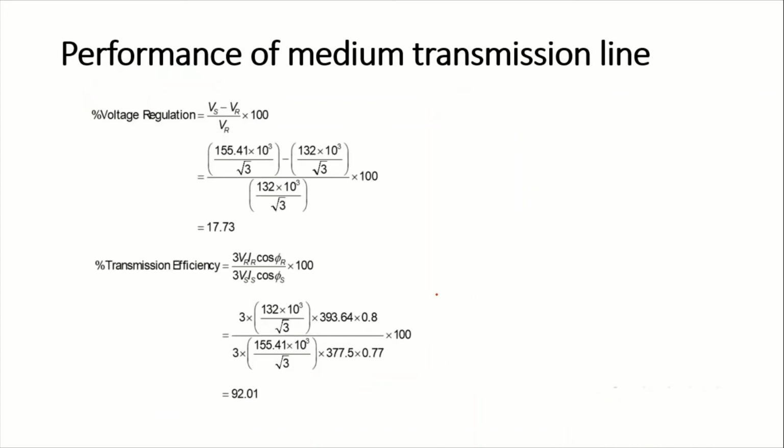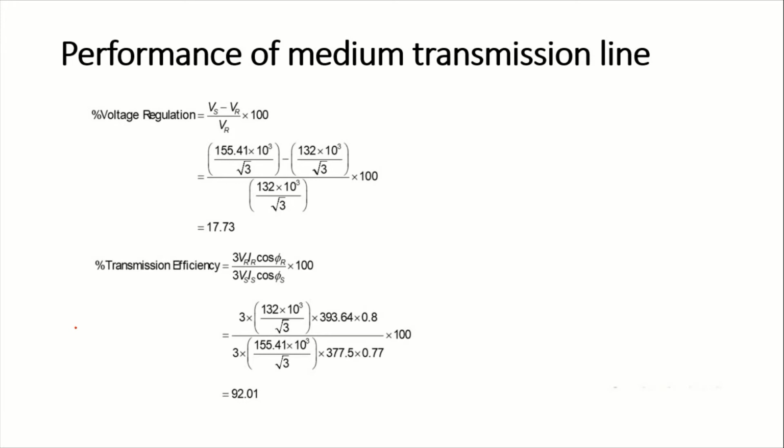Now next is voltage regulation. The voltage regulation equation is Vs minus Vr upon Vr into 100. Putting in the values of Vs and Vr, we get 17.73.